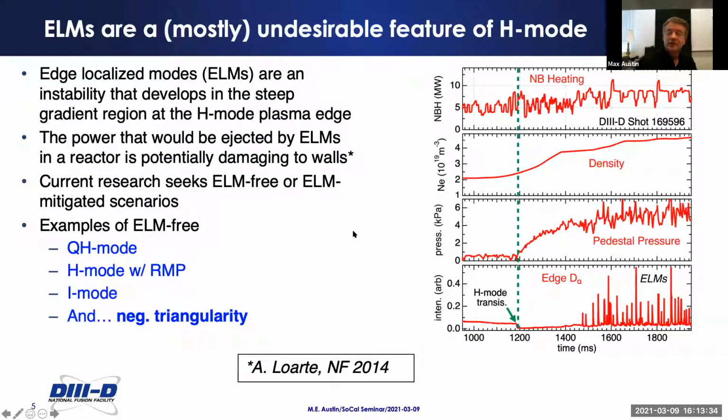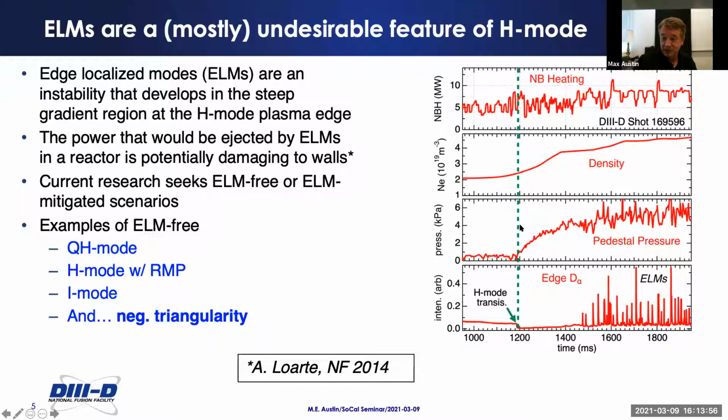One thing about H modes is they have a somewhat undesirable feature. I say mostly because it's also a sort of pressure relief in some sense, but these edge localized modes are an instability that develops in the steep gradient region of the H mode plasma.